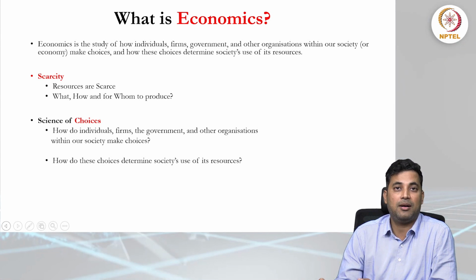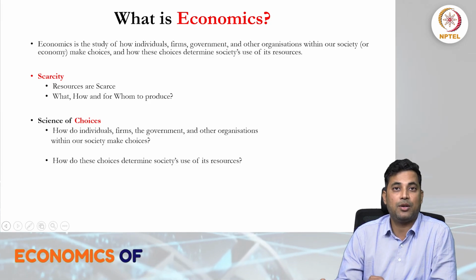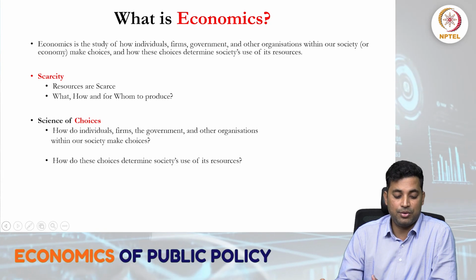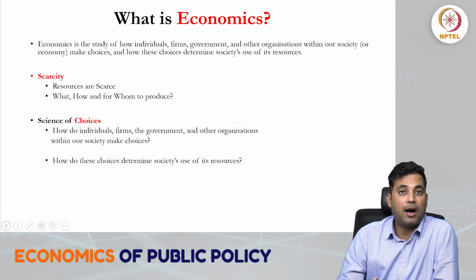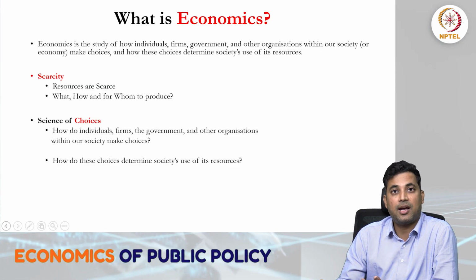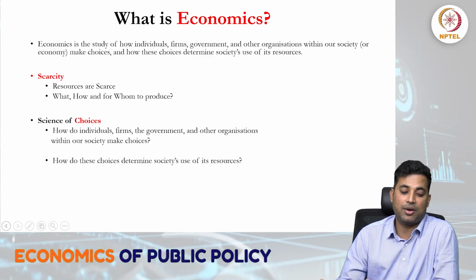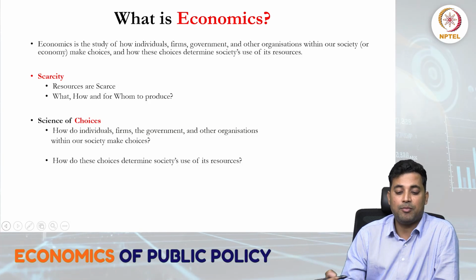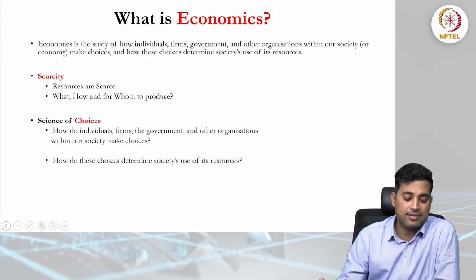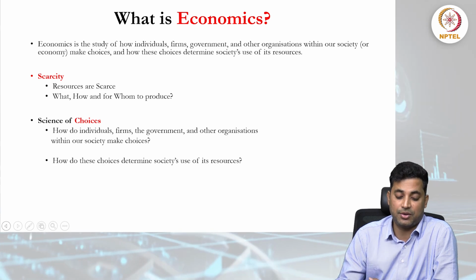Very mechanically and methodically you have to decide what to choose and what not to choose to produce. So how do individuals, firms, governments and other organizations within our society make choices? That becomes very important. And the second point in the definition that we discussed is how these choices determine society's use of its resources.